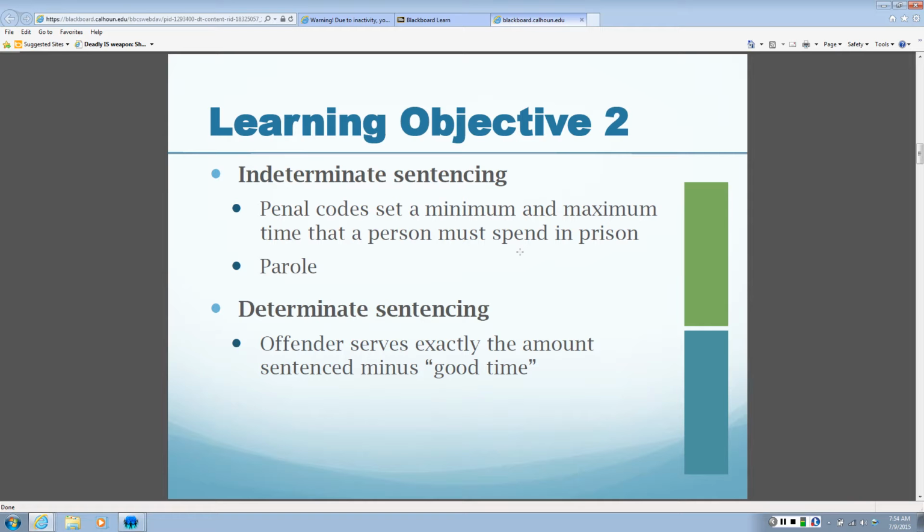Now, what this doesn't necessarily say is that most states don't actually require an inmate to serve their full sentence. Most states require a minimum of 33% of the sentence to be served. So if you get a 10-year prison sentence, right off the bat you're only going to have to serve about 3 years and 4 months. And then, if you get good time during that sentence, you probably can be out in a little over a year and a half.